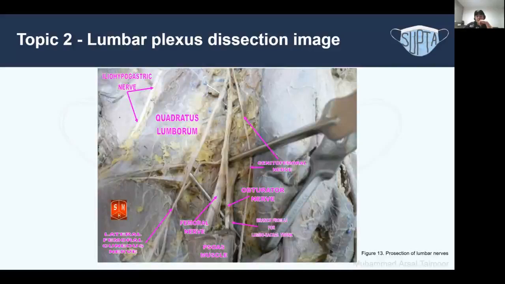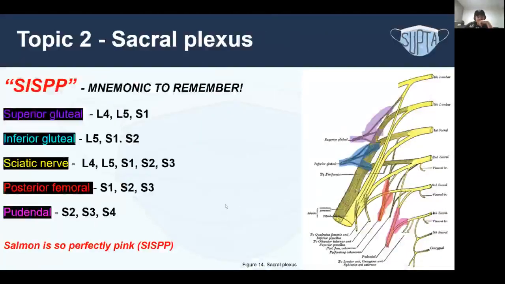All right, so the sacral plexus. I'm going to speed things up a bit because I'm wary of time, but a mnemonic to remember is CISP. It's not really a word, but you can keep that in your head and keep saying it over and over again.